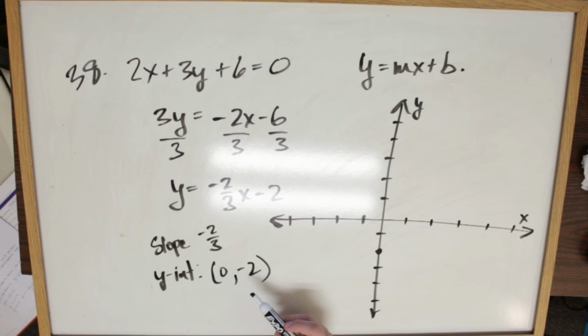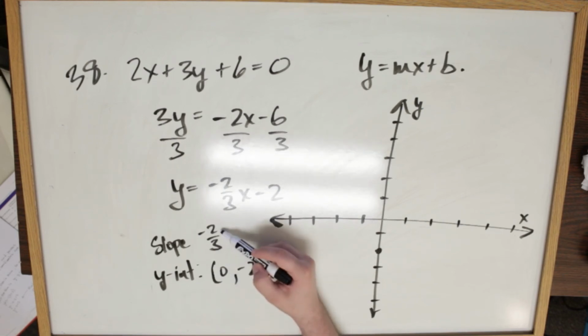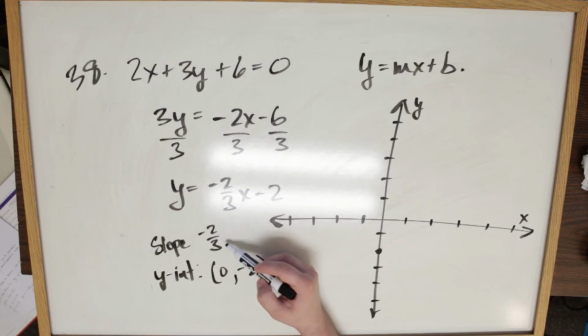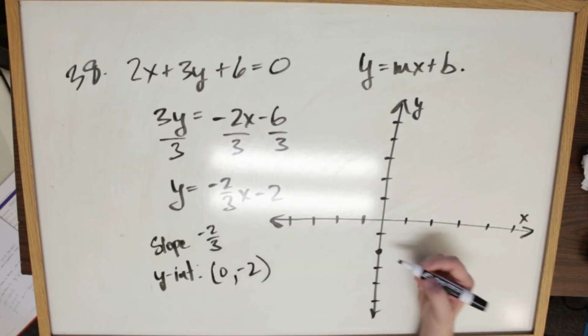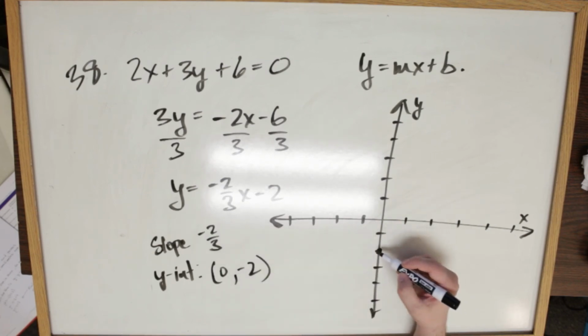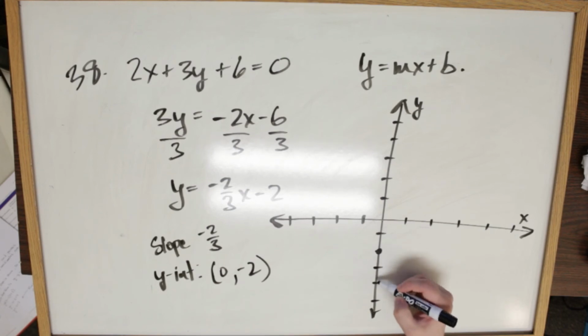So that's like another term for saying your directional change in the vertical is on the top and the directional change in the horizontal is on the bottom. So you can think of this as going down 2, 1, 2, and then over 3. Wait a minute, hang on a sec.